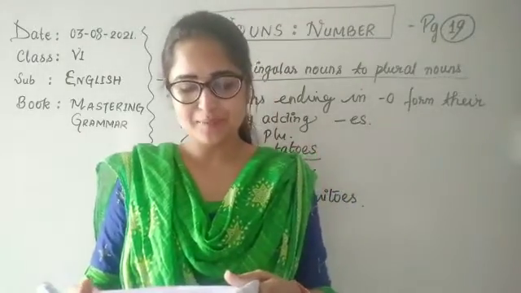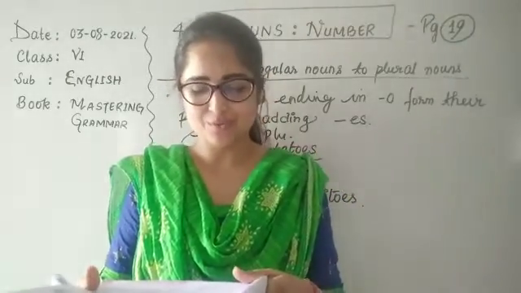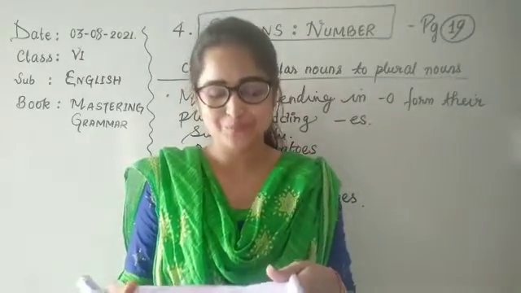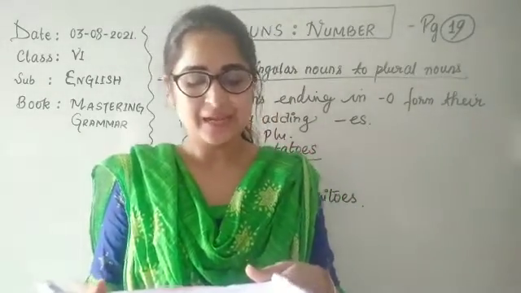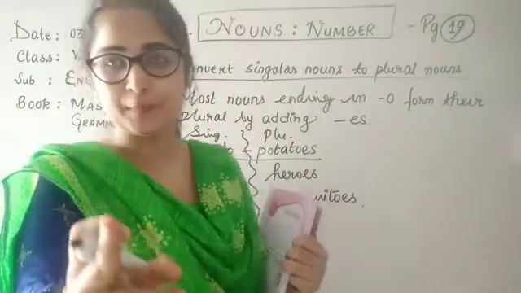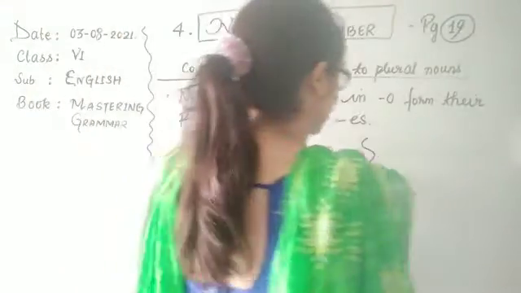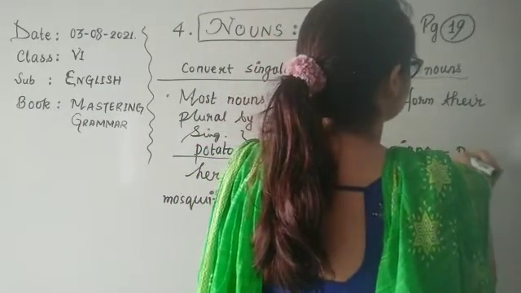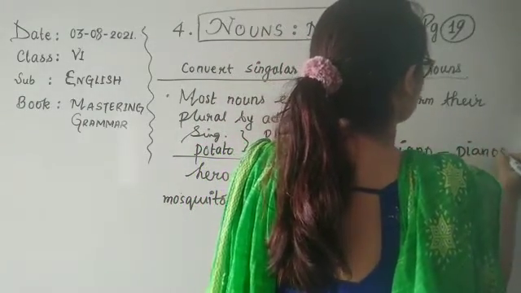Okay, so remember this. However, some nouns that end with O, I told you there will be exceptions. So here again we are looking at some exceptions, like piano. It will not be taking es, but instead it will be taking what? S. So piano becomes pianos with S and not es.